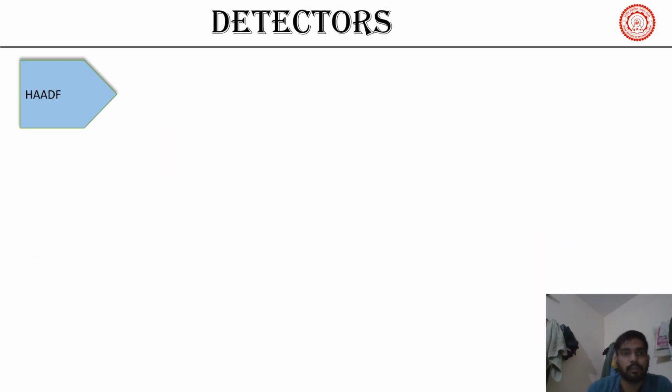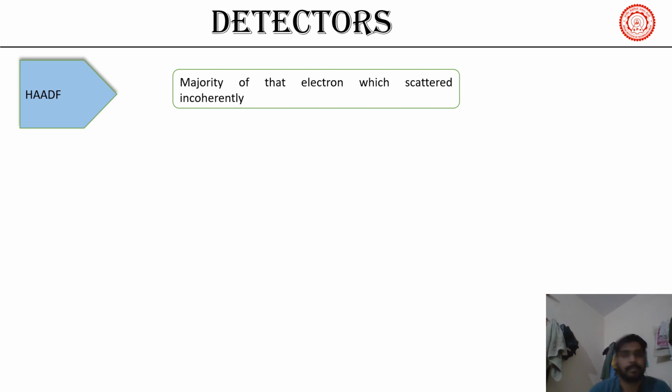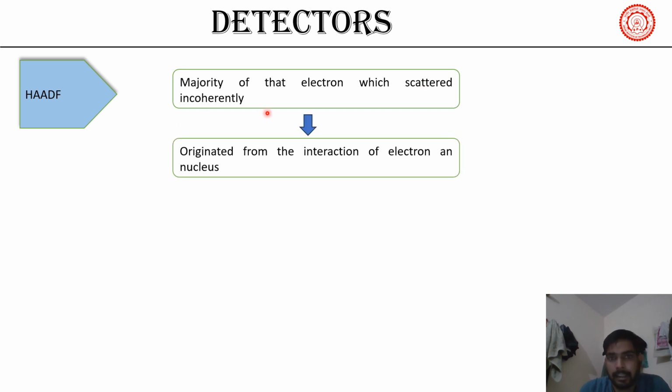So coming to the HAADF detector, what is the specialty of this high angle annular dark field detector? The majority of the electrons it collects are electrons which are scattered incoherently.